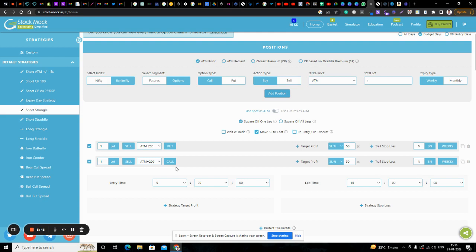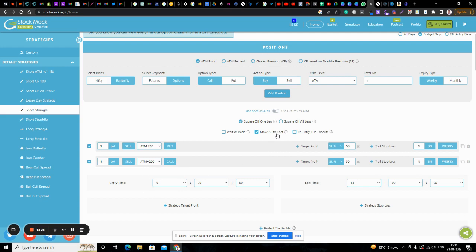So for an option seller, a call selling is equal to an option buyer buying a put. Now, if your put SL is hit, your call survives at cost because your stop loss for the call leg is at cost here.